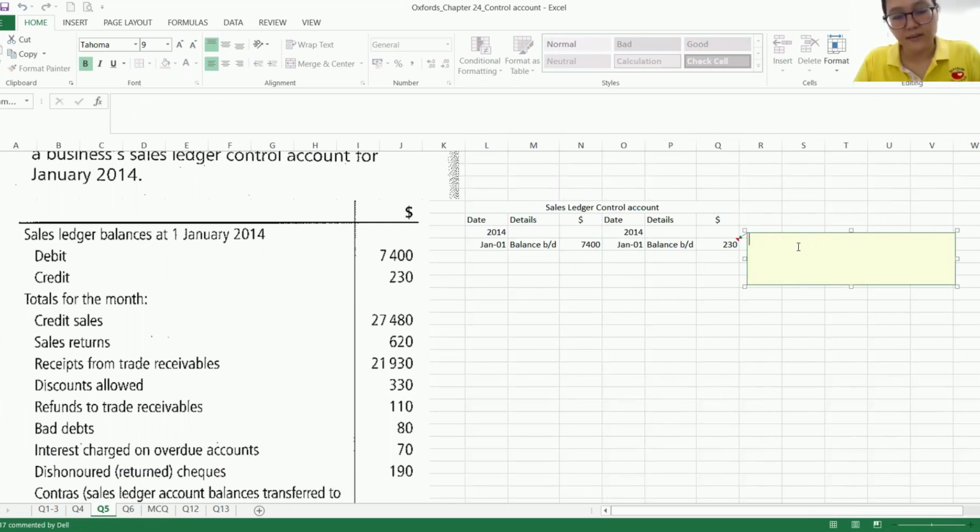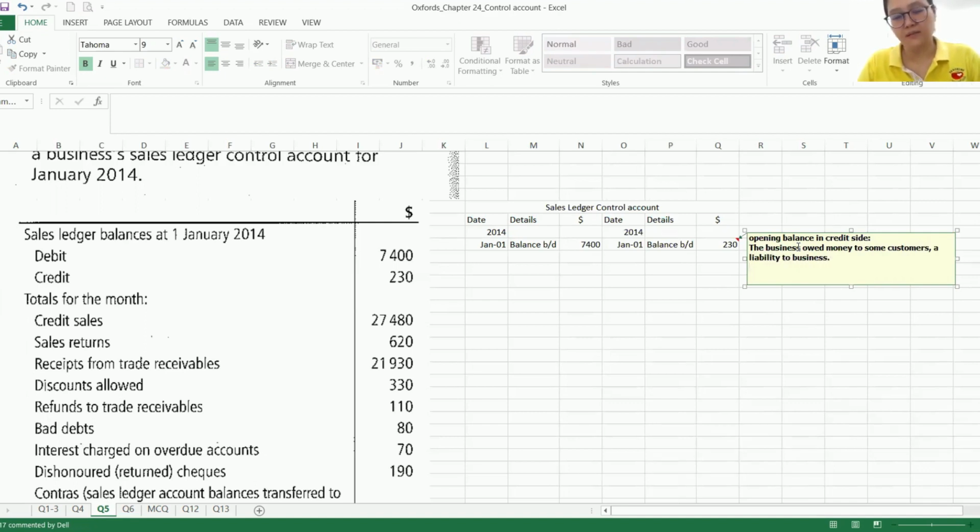When we have the opening balance on the credit side, this is trying to tell us that the business owes money to some customers, which becomes a liability to the business.